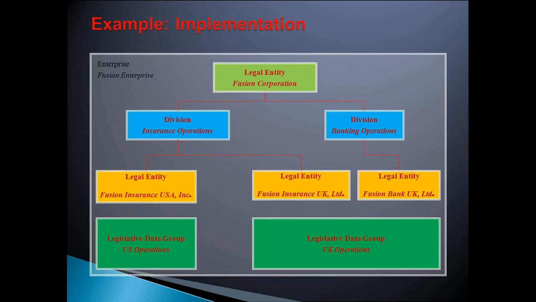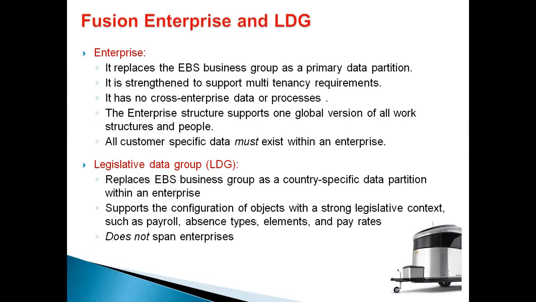And just like operating units, now they have business units and the set ID concept, which will partition the data as per the requirement. The access can be controlled accordingly, which we'll talk about. So Fusion Enterprise replaces the E-Business business group as a primary data partition. It is strengthened to support multi-tenancy requirements.